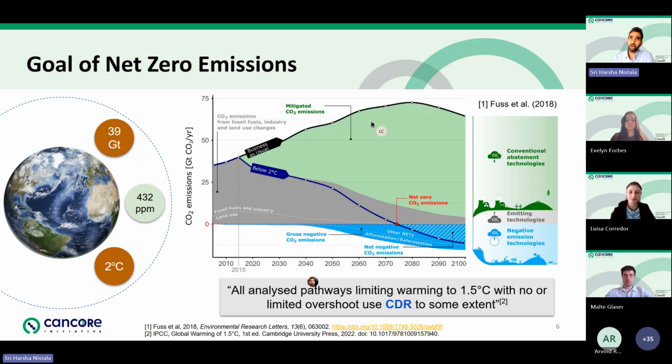The Intergovernmental Panel on Climate Change, or IPCC, modeled various emission pathways to try and regulate global warming and reduce CO2 emissions. One such pathway is shown here.